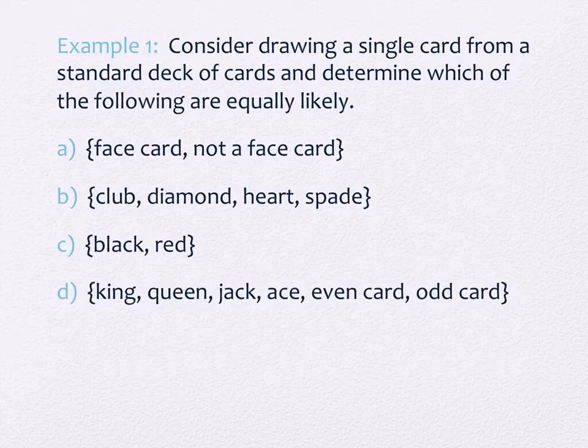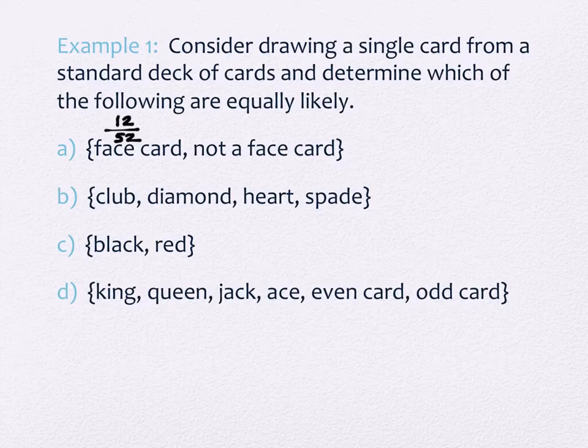So, face cards. How many face cards are there? I think there's 12. So how'd you get 12, Catherine? Because there are 3 face cards in each suit and there's 4 suits. Right. There's 3 face cards in each suit, Jack, Queen, King, and there's 4 of each suit. So like there's 4 jacks, 4 queens, and 4 kings, right? So there are 12. So the probability of the face card, we'll just write it next to it. This right here is 12 out of how many? 52.